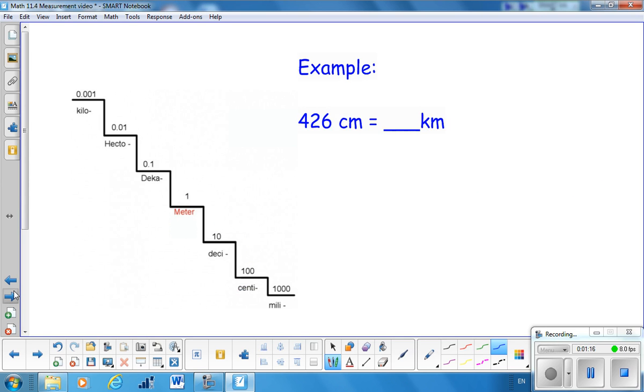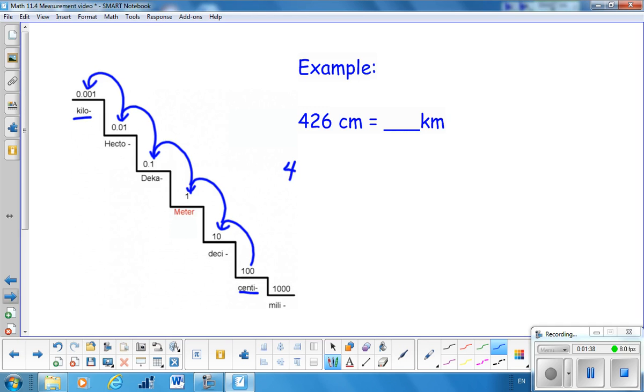Another example, if I start at centimeters and I want to change into kilometers, I need to go up 1, 2, 3, 4, 5 steps. That means that because I'm going up, I'm going to divide this time.